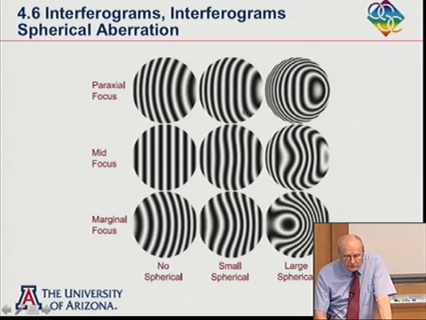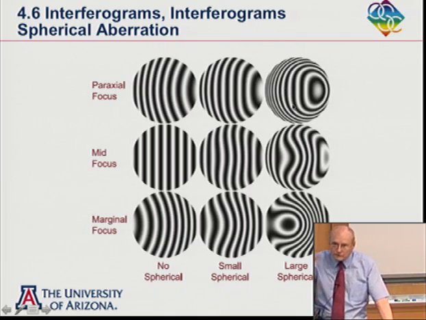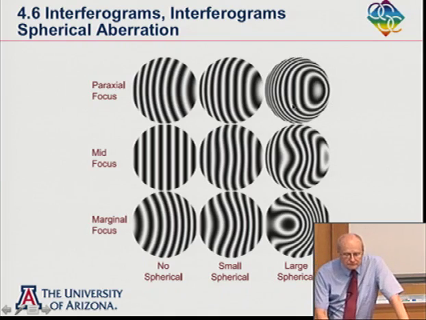And so the fringes in the center here are pretty straight and equally spaced. And then as we move out from the center, we see a lot of curvature in the fringes. That's the rho to the fourth term, the spherical aberration term. And I guess we put in a little tilt here. That's why we have the fringes across here, a little horizontal tilt.